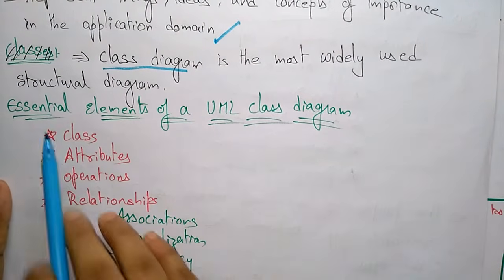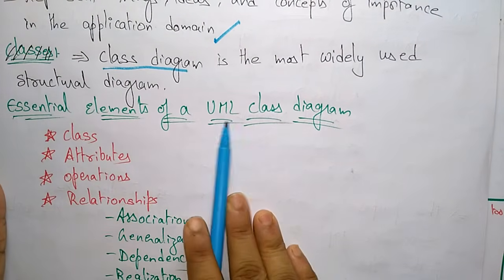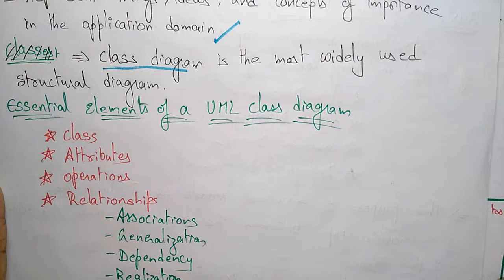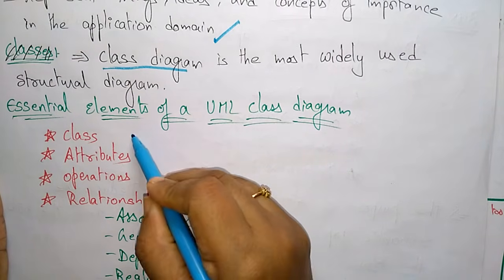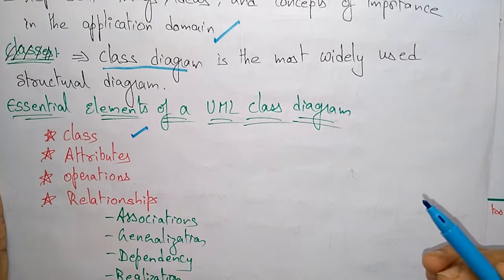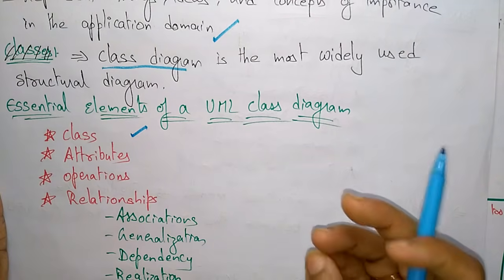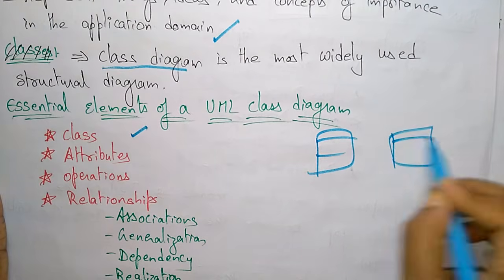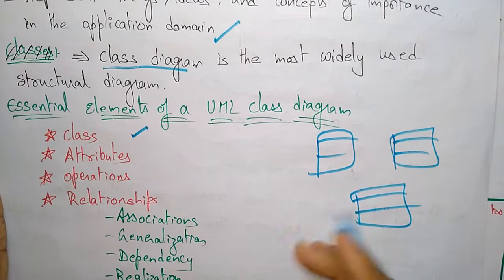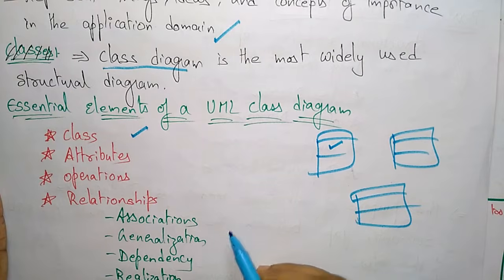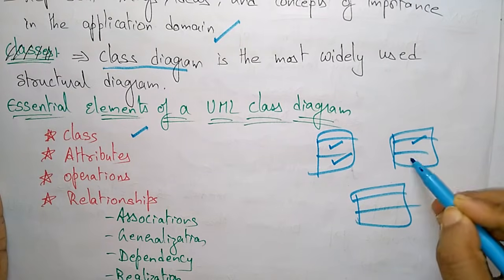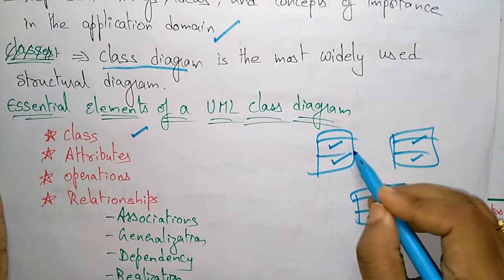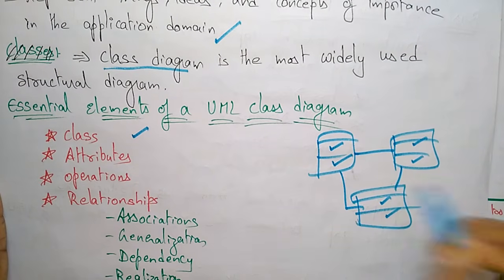Now, the essential elements of the Unified Modeling Language class diagram. What are the elements present in the class diagram? The class diagram consists of classes, meaning a group of classes, attributes, operations, and the relationships between the classes.